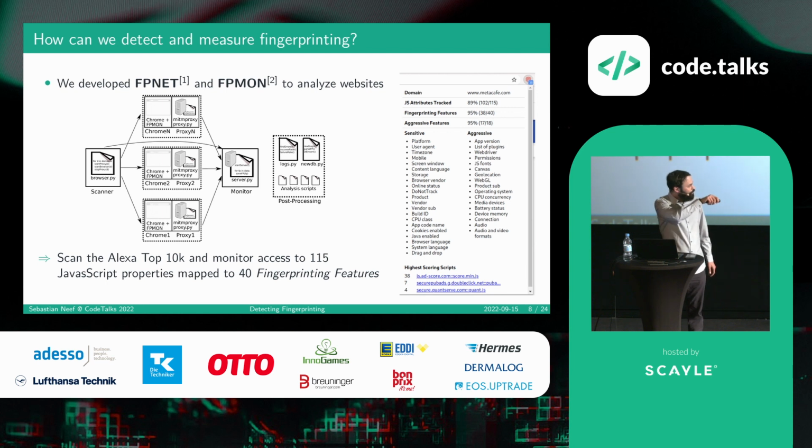In the end, down here, you will see all these scripts and the number of feature groups that they have accessed. We can see there are some scripts that only access quite a few features, and then we have one script from @score.com that accesses 38 out of those 40 features, where we believe something fishy is going on. Why would they need so much information about me?